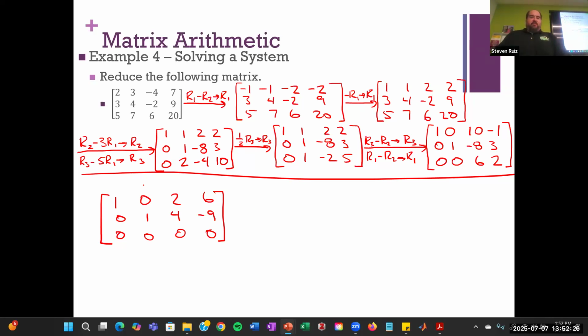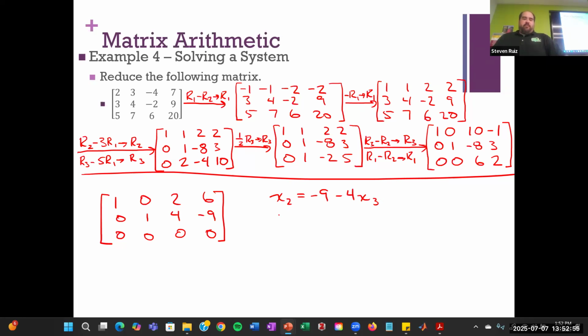All right, so based on what we've done before, how would we parameterize what we have? X2 equals -9 minus 4x3.